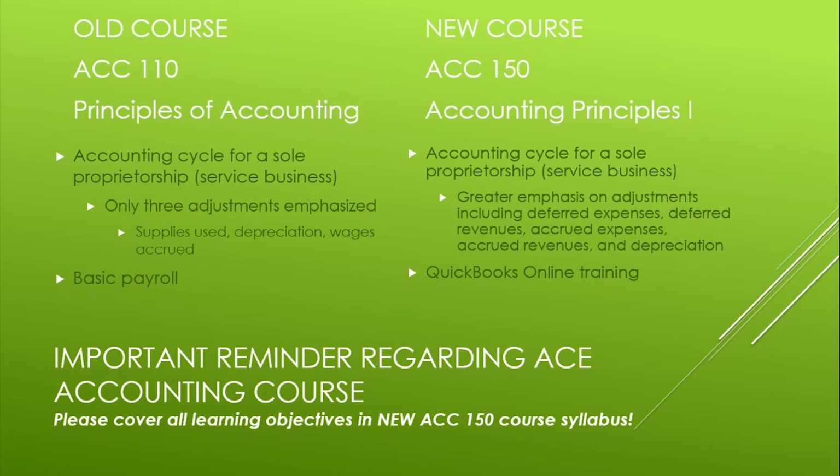So you will see on the MyPeak ACE page for ACC 150 that there is some additional information there that you can use to enhance your textbooks a little bit, because I know on the high school level they tend to focus on those 3 adjustments instead of focusing on all of these adjustments that are really necessary for the students at a college level.